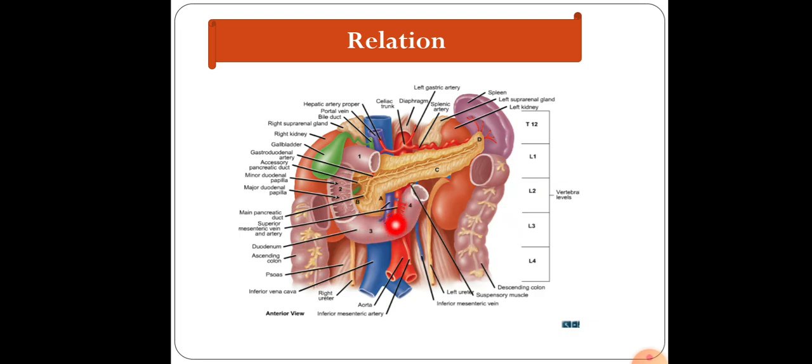The ascending part ascends again to the level of L2 and joins the jejunum to form the duodenojejunal flexure. This flexure is fixed in position by the suspensory muscle, or ligament of Treitz. When this muscle contracts, it widens the flexure and allows food to move through the duodenum.